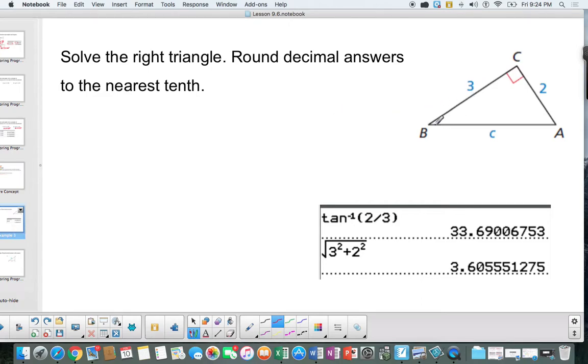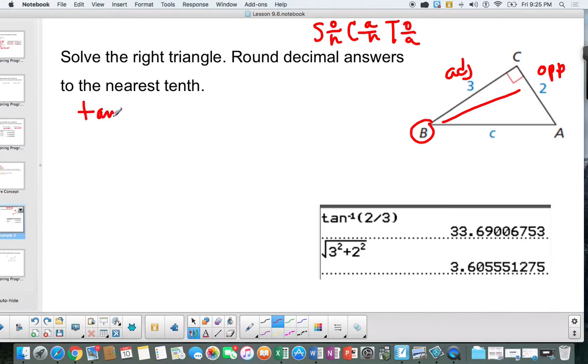Now I notice that I have two legs. So I think what I'll do is use angle B, and I have an opposite leg and an adjacent leg. So when I write SOH CAH TOA, I can see I'm going to be using tangent.